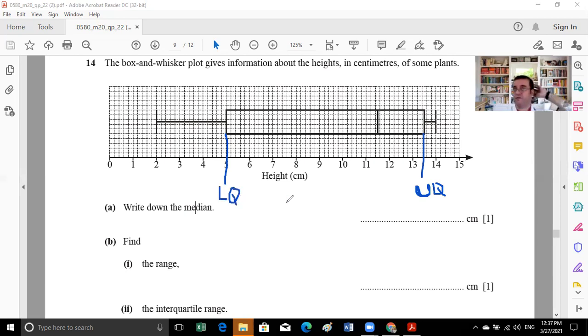Imagine in the graph, we used to find the upper quartile by 3/4 times the total number, and then we draw and we find the X value, correct? So the upper quartile, 13.5 minus 5. 13.5 minus 5, and we get 8.5.